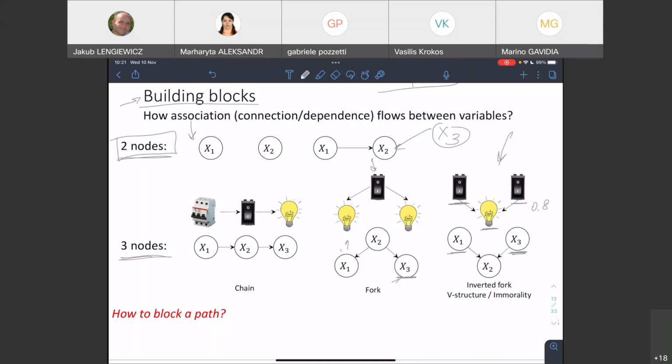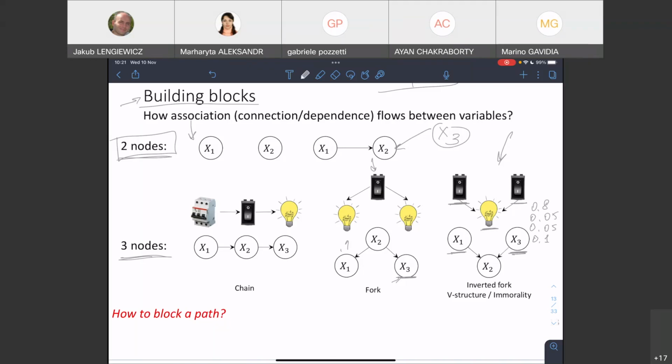If one of the switches is off, let's assume that the light bulb is on with probability 0.5, to make it a bit more interesting. And finally, when both of them are off, with very low probability, 0.05, we can observe the light in the room.